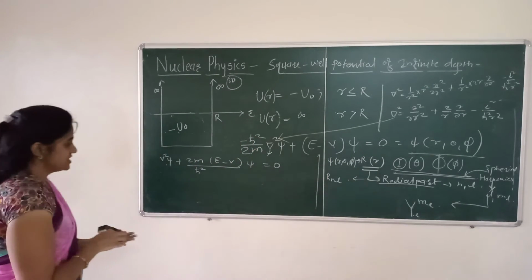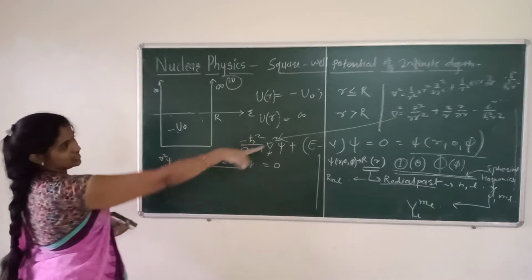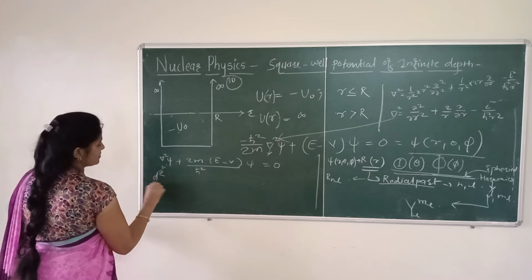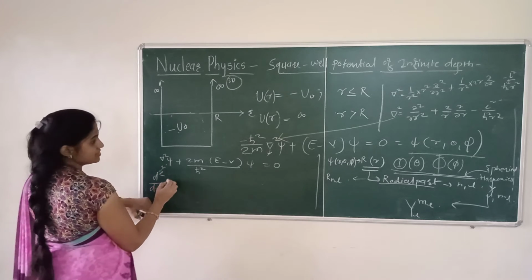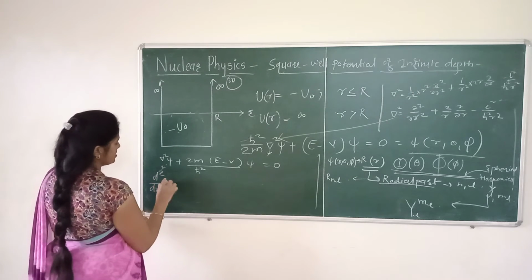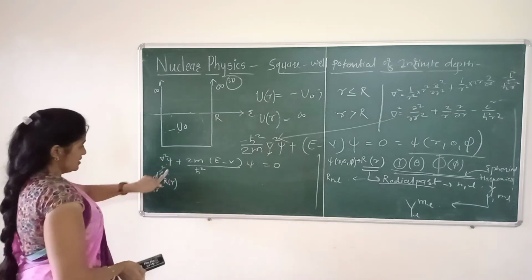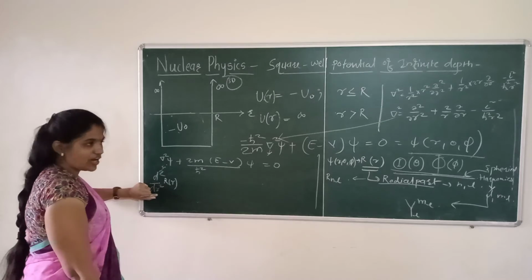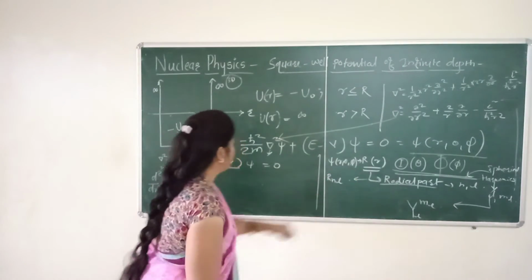Means now see here, we have to put the value of del square, which is this d square by dr square, R(r), as psi contains these three terms, but derivative with respect to r is only the radial part.